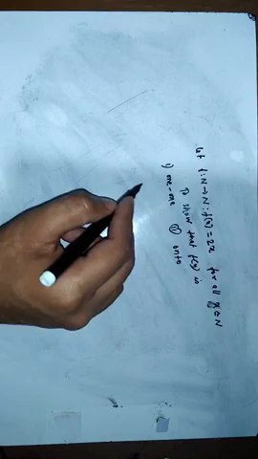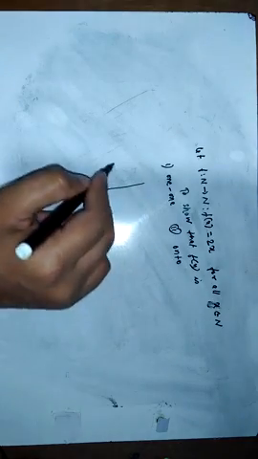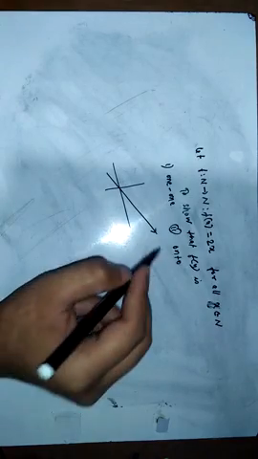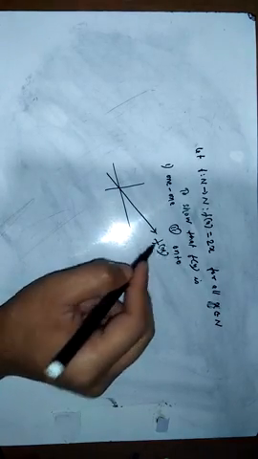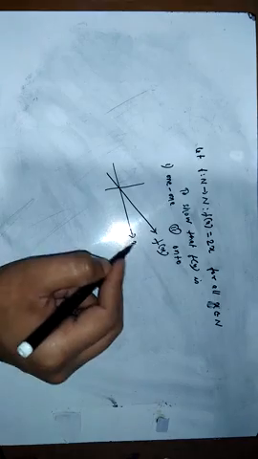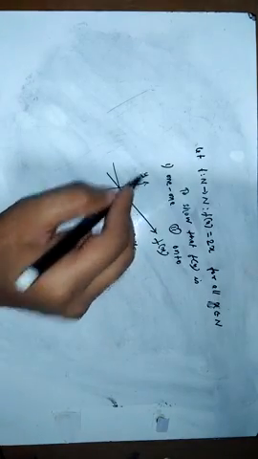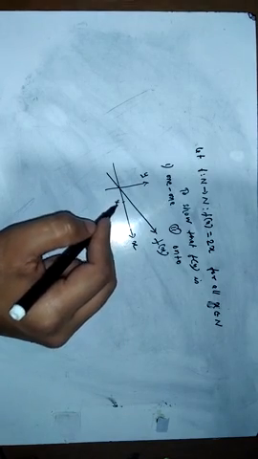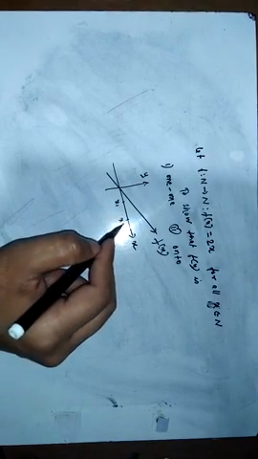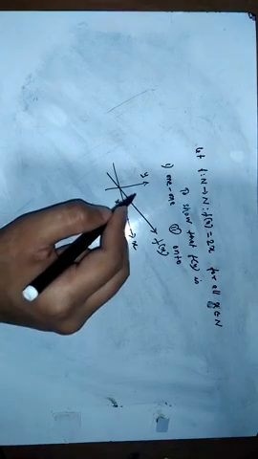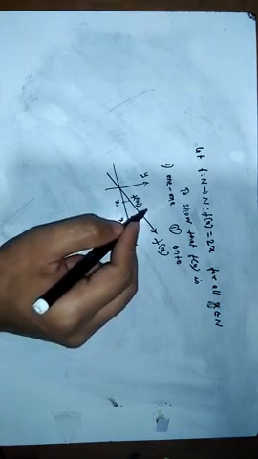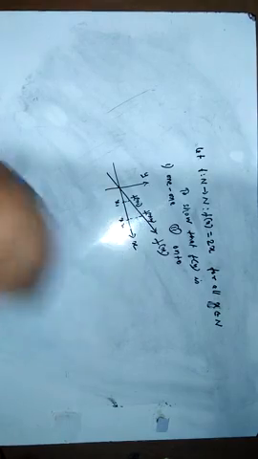For simplicity, have a look at a 1-1 function by the graphical approach. This is x and this is y. Suppose two inputs are x1 and x2. At these points the function is f of x1 and f of x2.